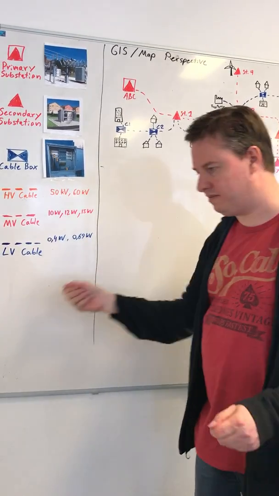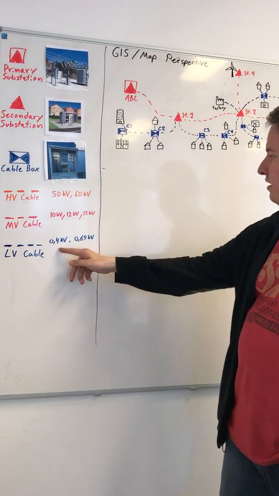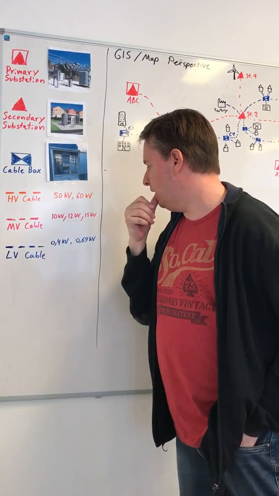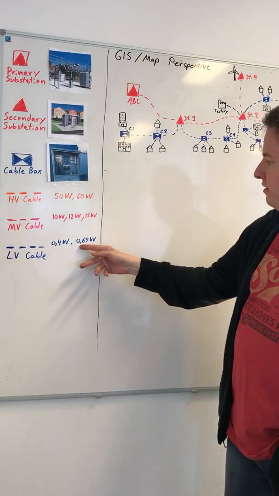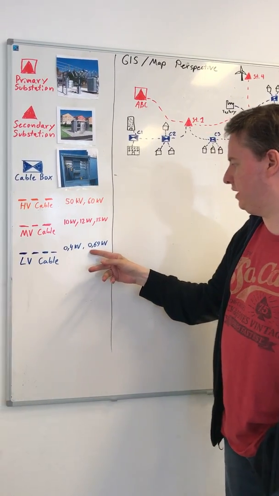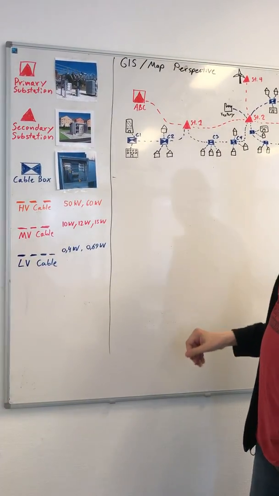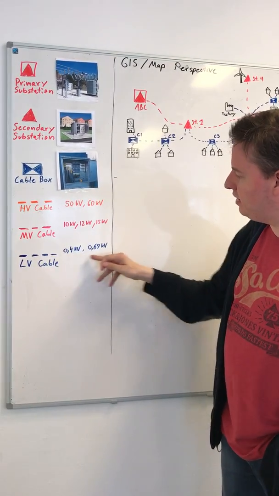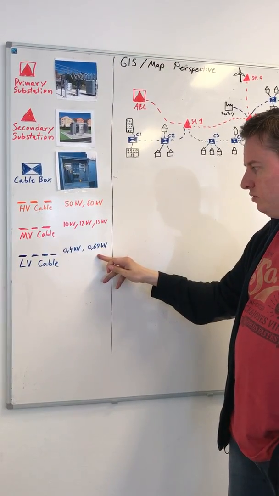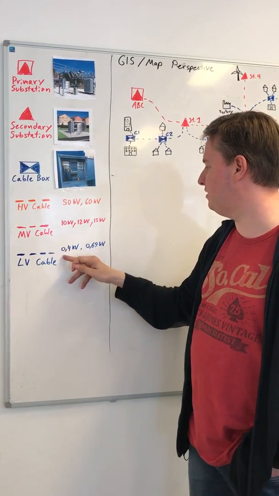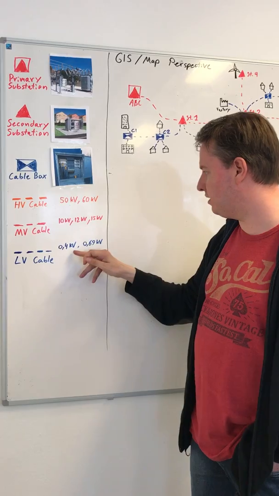This is the voltage level that's coming into the houses. Sometimes we run some other voltage levels too, typically something to do with windmills and stuff like that. So when we say low voltage, it can be different voltage levels too, but 99% of it is 0.4 kilovolt.